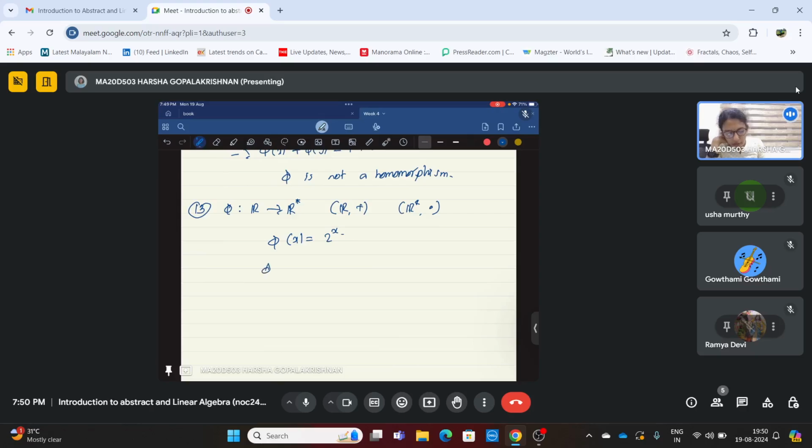We can do it very quickly. What is phi of x plus y? Because in the first group R it is addition, so it is 2 power x plus y. What is this? 2 power x into 2 power y. So this is the same as phi of x into phi of y. Here the operation is multiplication, so we need to suitably choose and interchange the operation. So this is a homomorphism.